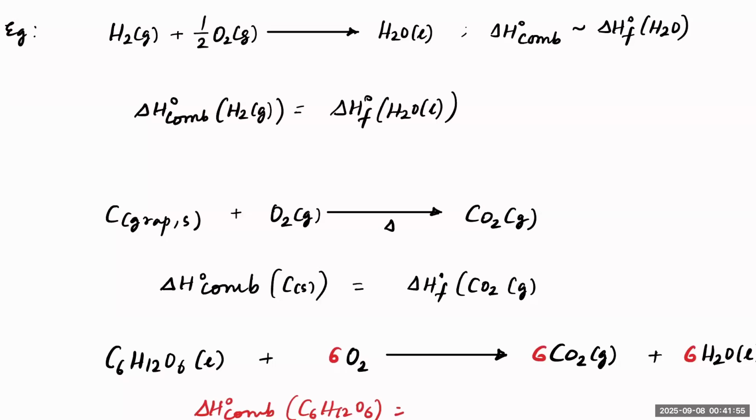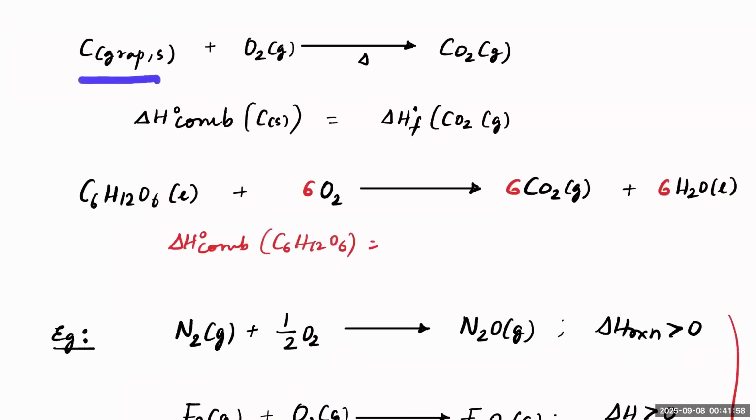Similarly, graphite also. Graphite plus O2 giving CO2 gas. This is combustion as well. Combustion of graphite. But at the same time, it is also delta H of formation of carbon dioxide.